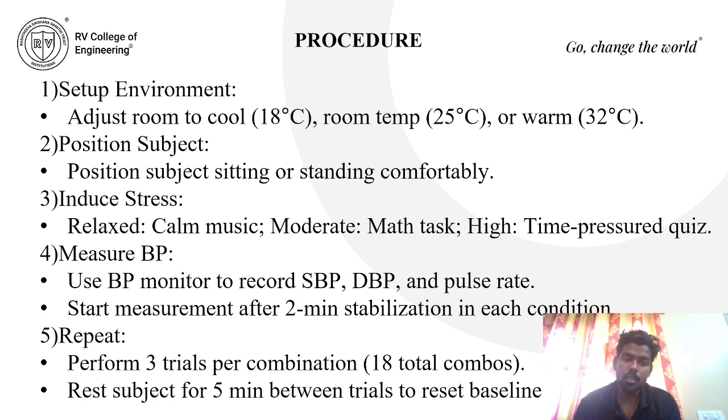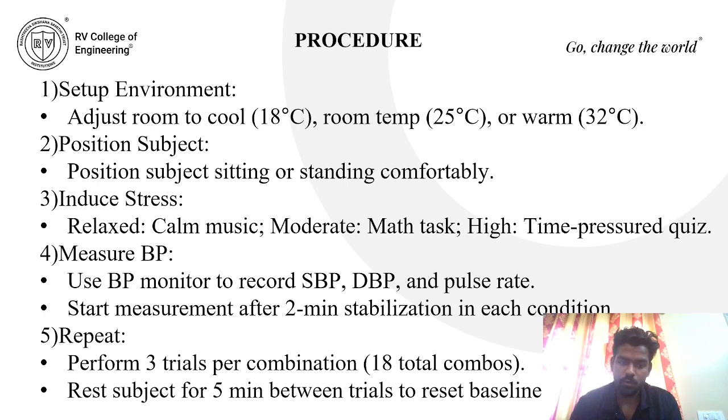Then we measured the BP to record the SBP, DBP and pulse rate, and we measured after 2 minutes of stabilization in every condition. This was repeated in 3 trials per combination, for 18 total combinations.